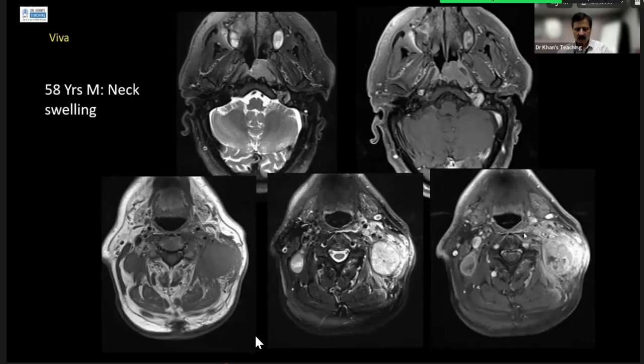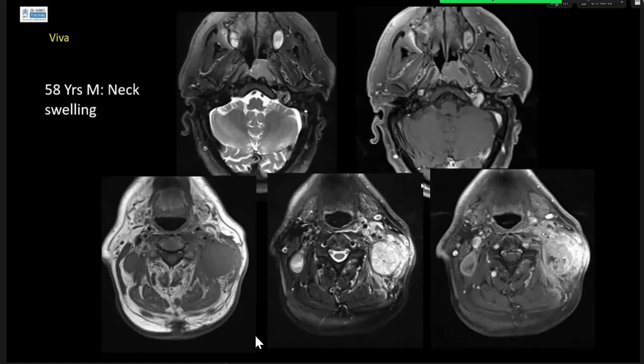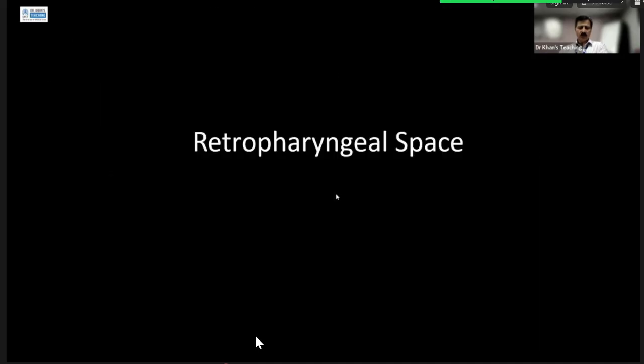And then on this MR, we can see that these are malignant looking lymph nodes. Where is the primary? This is the question for you. Left nasopharyngeal. Excellent. So you can see that this is the primary, which is the nasopharyngeal carcinoma, and it's a known site of hidden tumors.